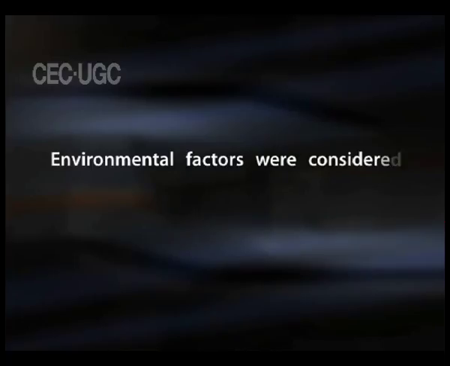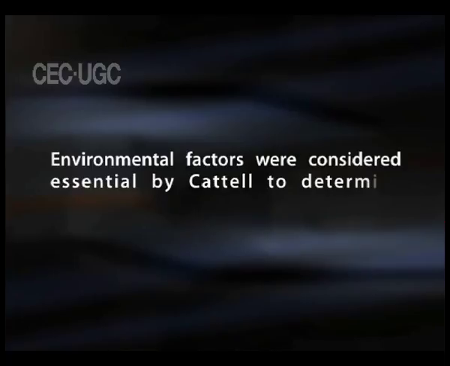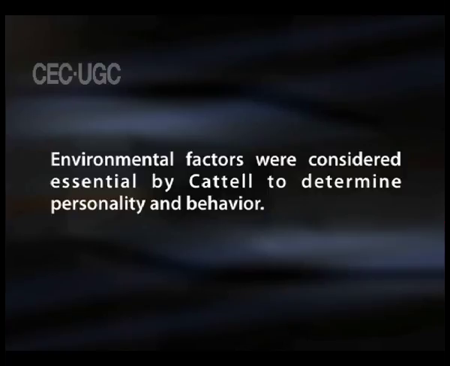Environmental factors were considered essential by Cattell to determine personality and behavior. Cattell's theory of personality attempts to explain the interaction between the genetic and personality systems and the socio-cultural milieu within which the organism is functioning.